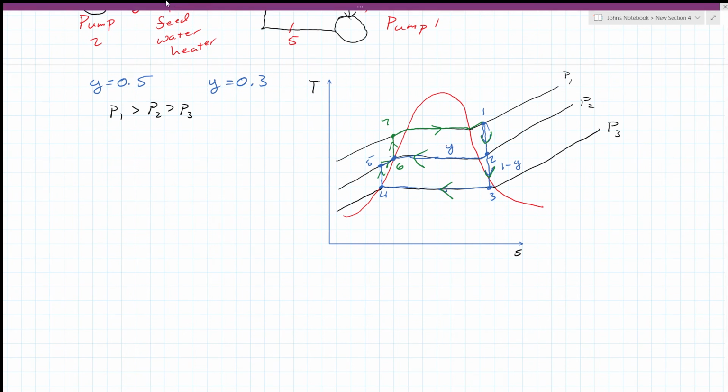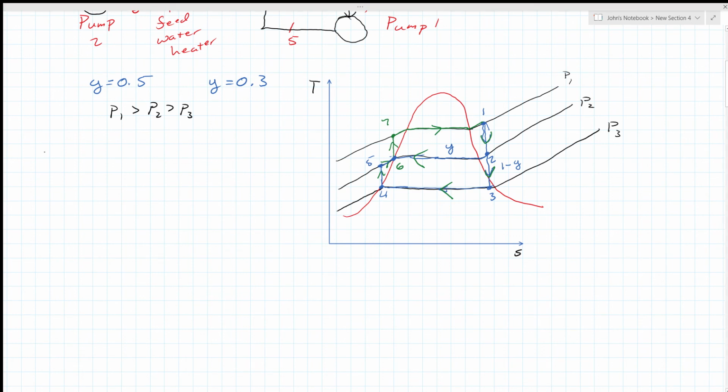So let's go back to black. High pressure turbine. Remember the first law: dE/dt equals Q dot minus W dot plus the sum of m dot in times H in, minus the sum of m dot at the exit times H exit.